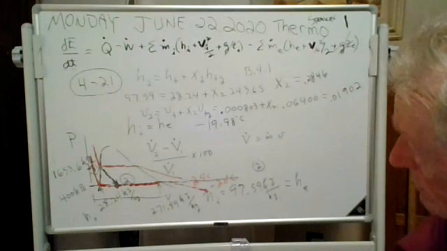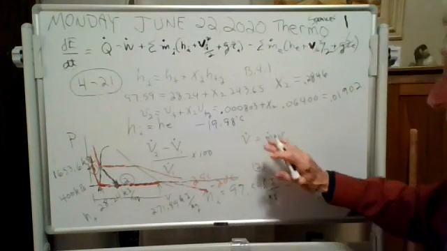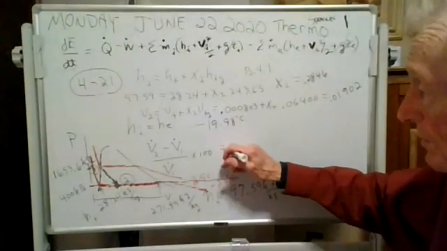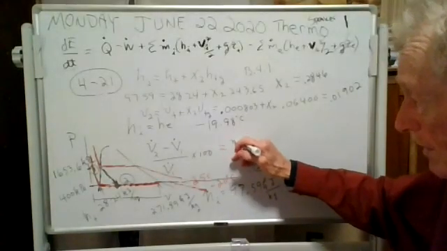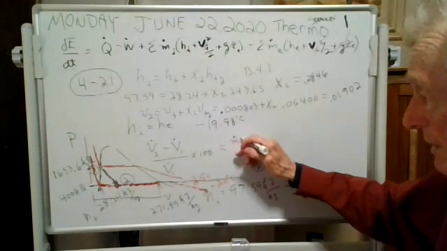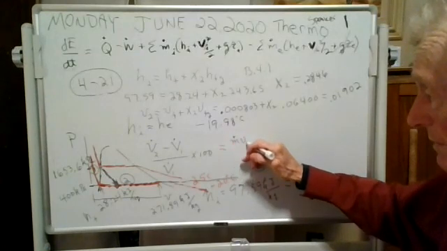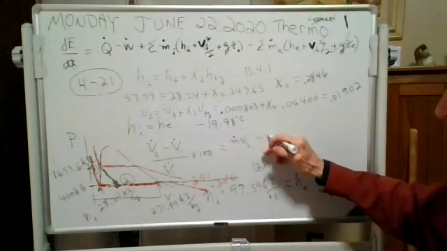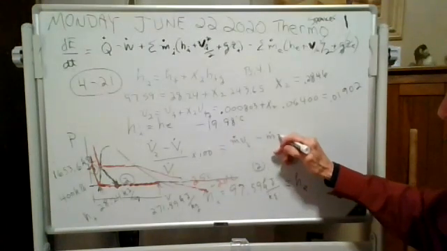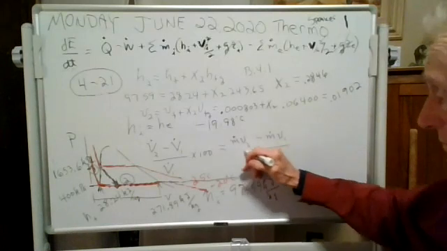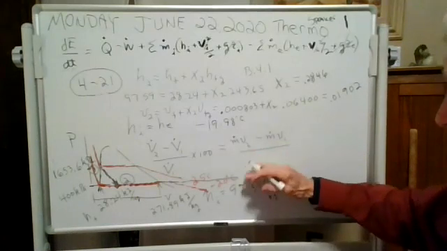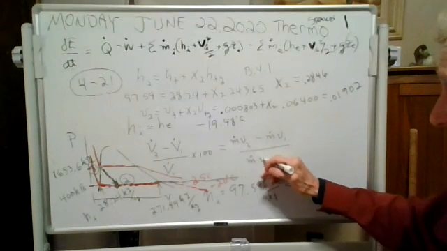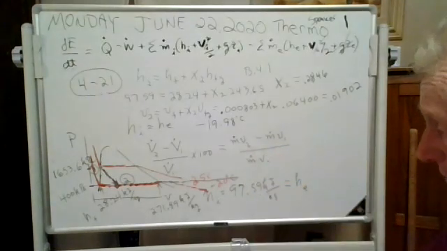Okay. So here's the plan. This is going to be equal to m dot times little v2 minus m dot times little v1 divided by m dot times little v1. Did that make sense?